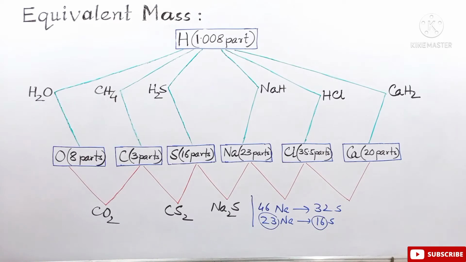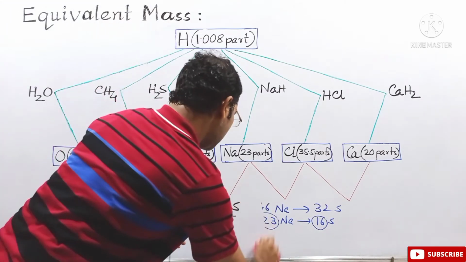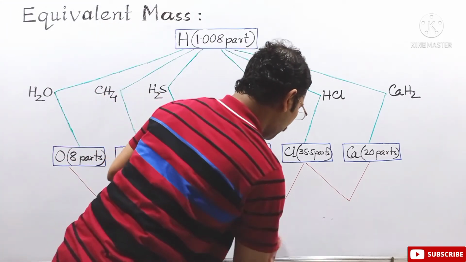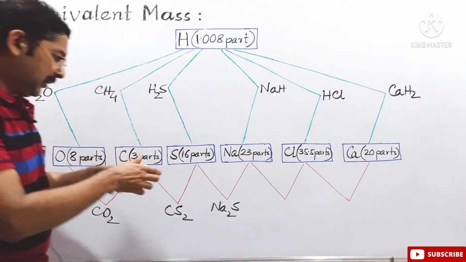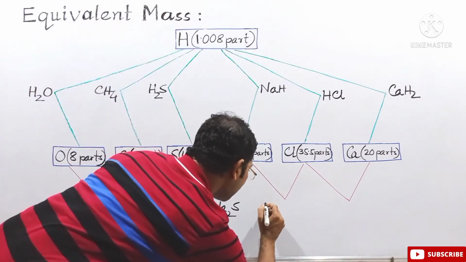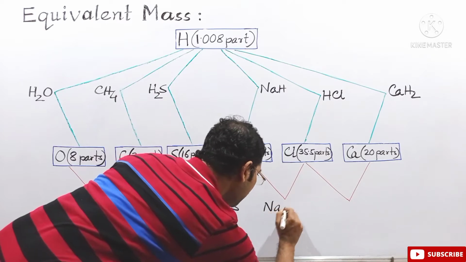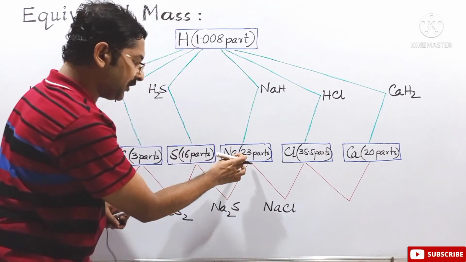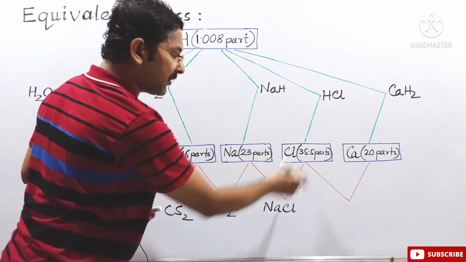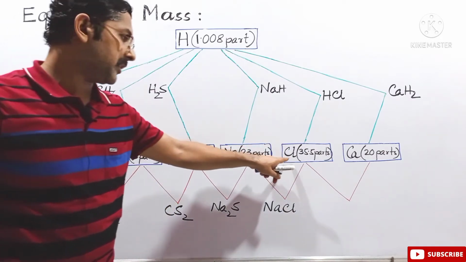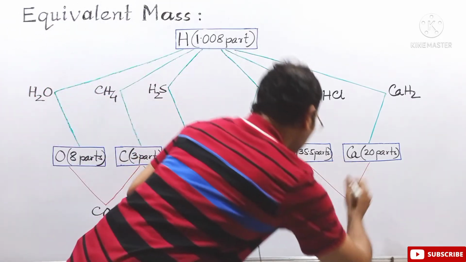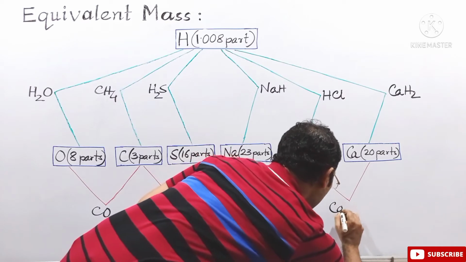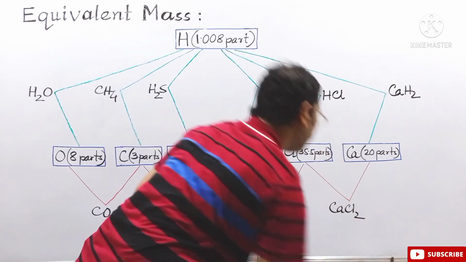Okay, looking forward, what will happen when sodium and chlorine combine together to form obviously sodium chloride? Of course, 23 parts of sodium combined with 35.5 parts of chlorine, right? What will happen when calcium and chlorine combine together to form calcium chloride?